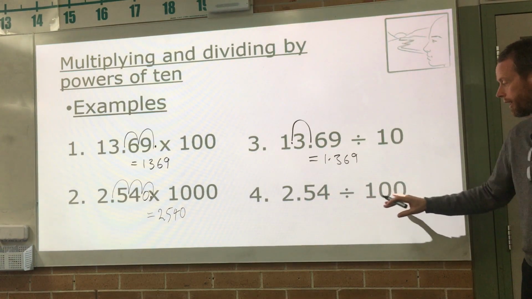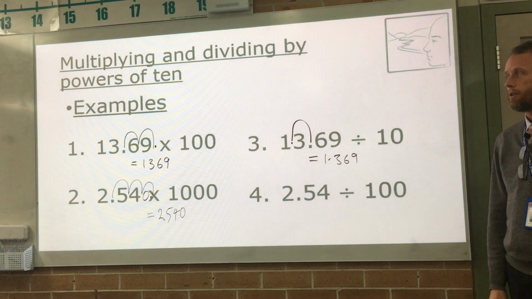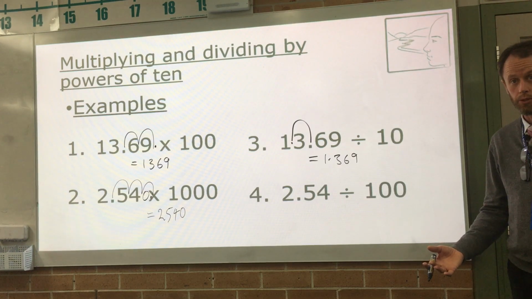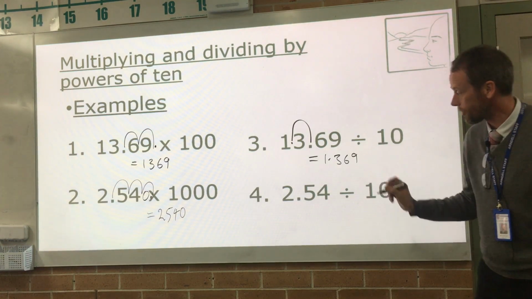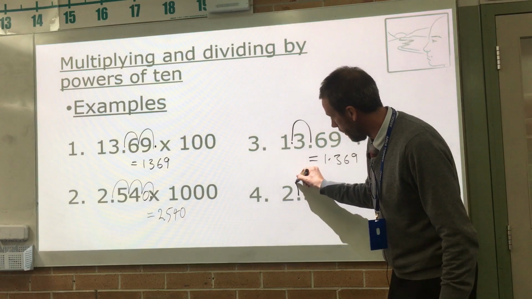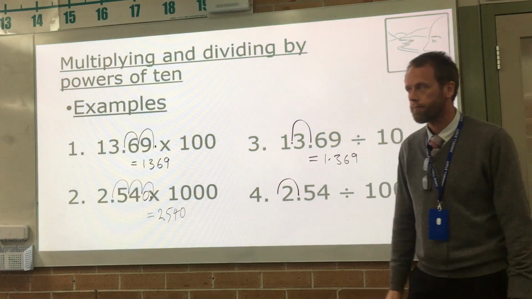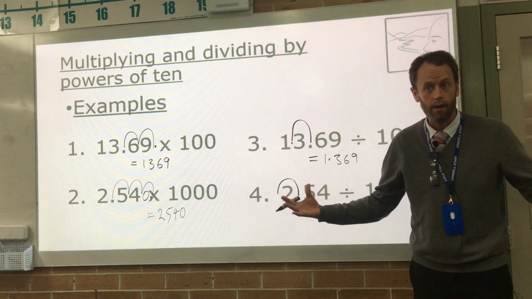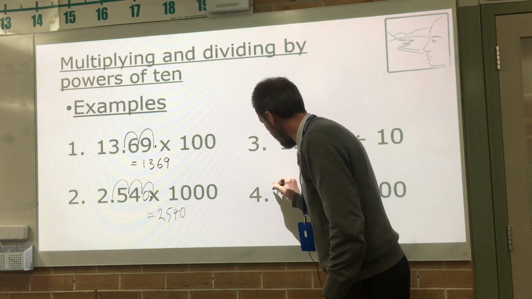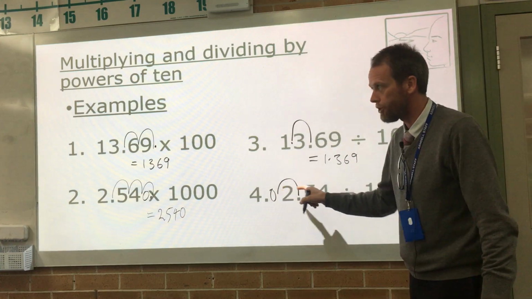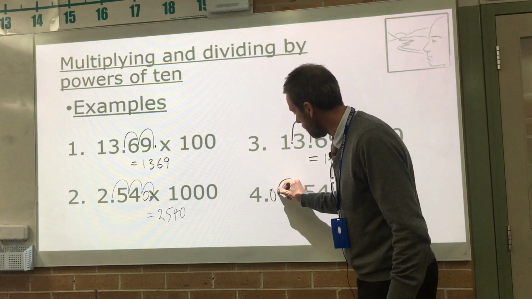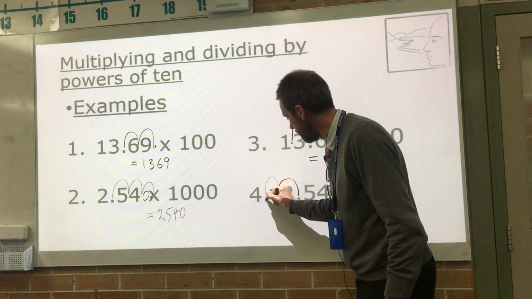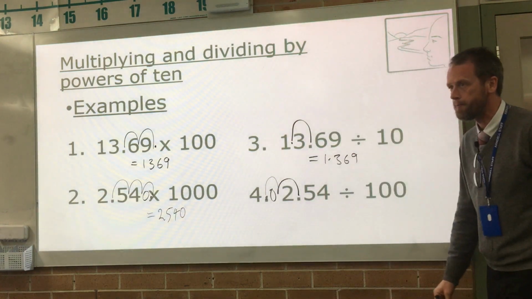Our last question, 2.54 divided by 100. Straight away I'm going to run into problems. Remember, I'm moving it to the left. I can move it 1 place to the left, but I don't have another number to go over. I need to put 1 there. So I can actually put a 0, wouldn't change the value of the original, but when we're dividing by 100, it moves our decimal point.